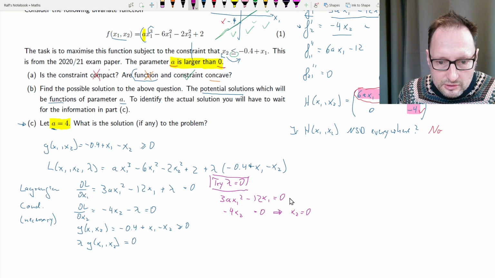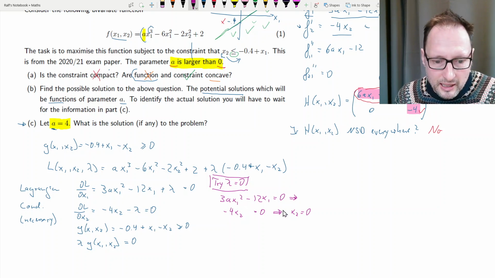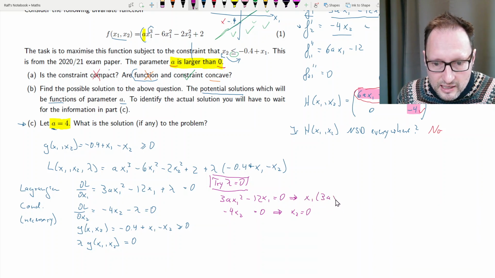But what about the first one here? So we're having a quadratic equation in x1. You could immediately apply a quadratic formula, but since there's no constant term, it's much easier to just factor out an x1. So we get x1 times 3a x1 minus 12 is equal to 0.